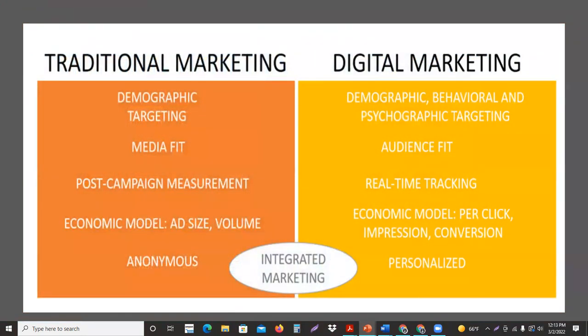Remember, traditional marketing is going to be more of a media buy, versus digital marketing, where you have the opportunity to be more personalized, create filters, create target audiences, and get real-time analytics and tracking, versus on the traditional side, it's going to be more of a post-campaign measurement.